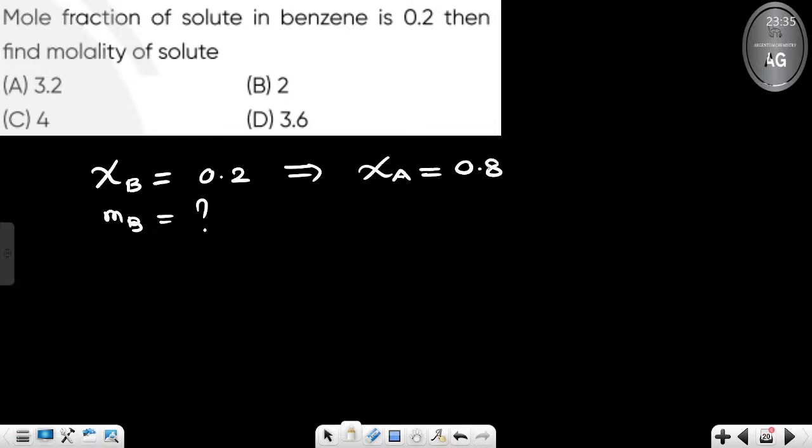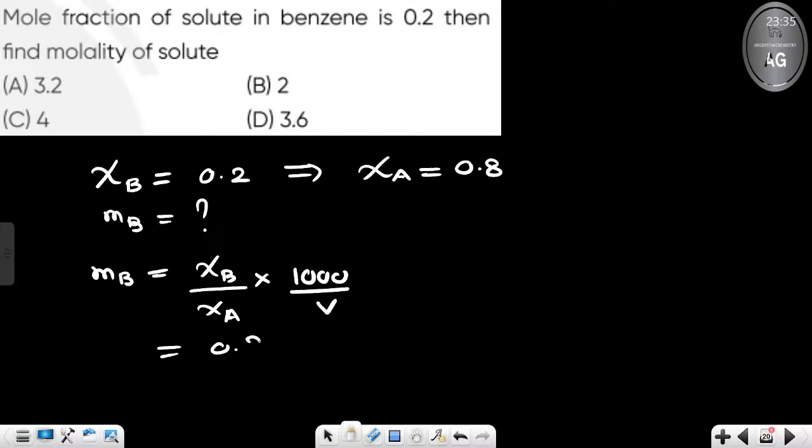Even if you use some part of your brain, you can say psi A equals 1 minus psi B. Now I have told you that the molality formula with mole fraction is psi B by psi A into 1000 divided by the molar mass of solvent. So psi B by psi A is basically 0.2 by 0.8 into 1000.